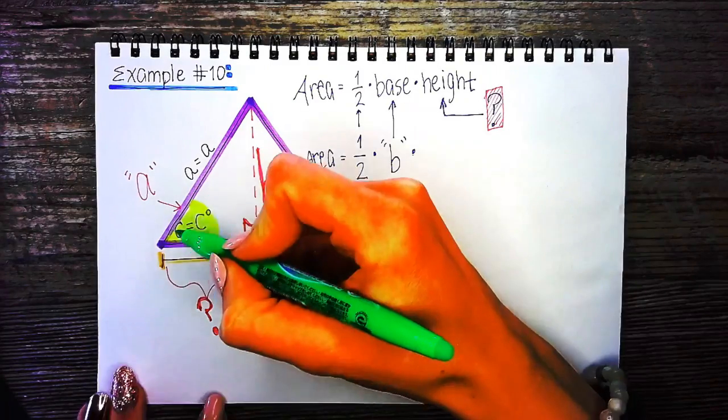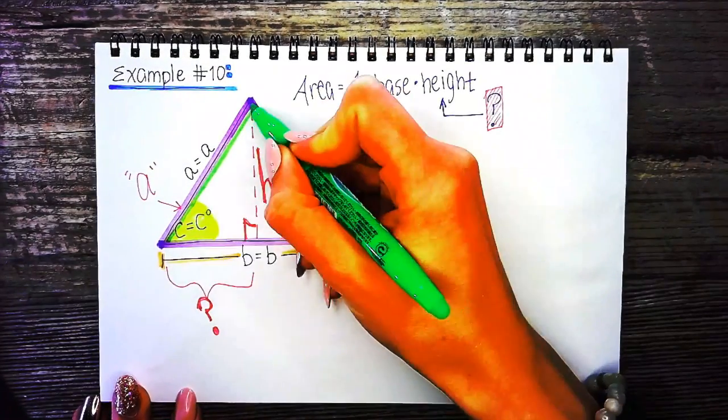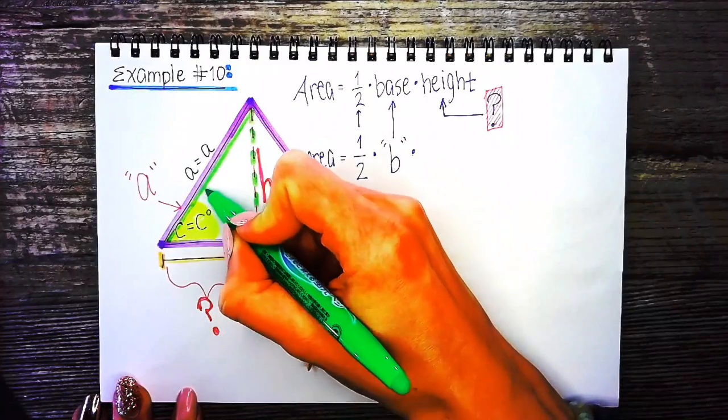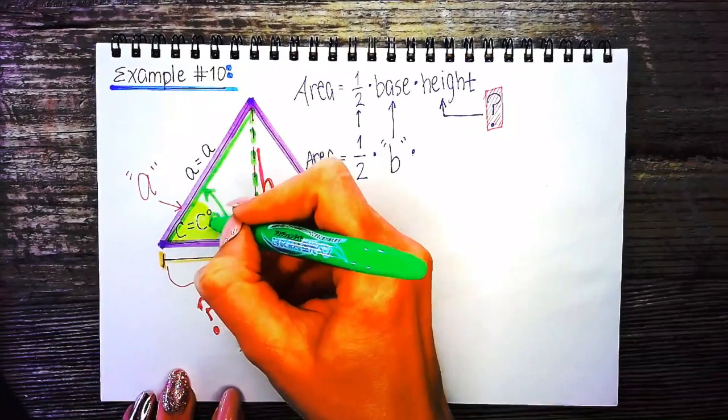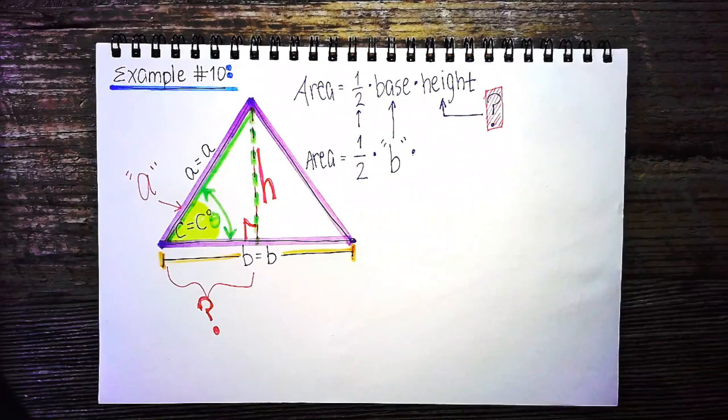I'm going to drop an altitude yet again, and I'll label that H. The sine of C will equal opposite over hypotenuse.